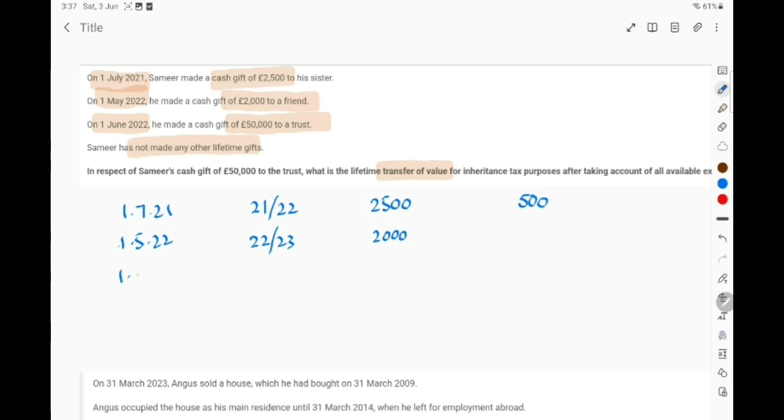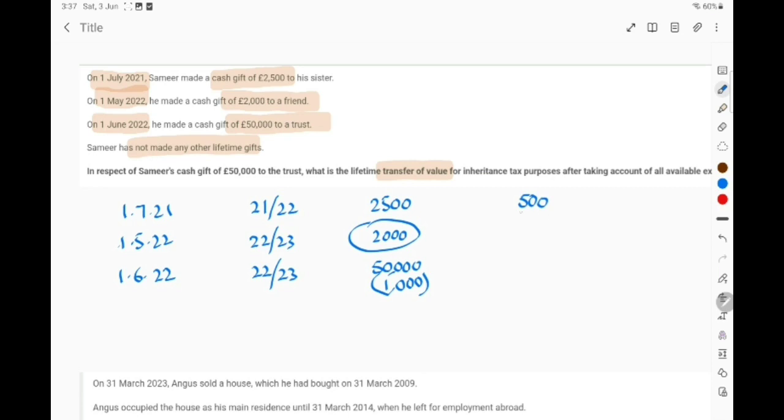The third gift is for a trust on 1st June 2022. Again the tax year is 22-23. The amount of the gift is 50,000. Out of this 50,000, 1,000 of the remaining unused annual exemption of the current year will be utilized and it will reduce the transfer of value.